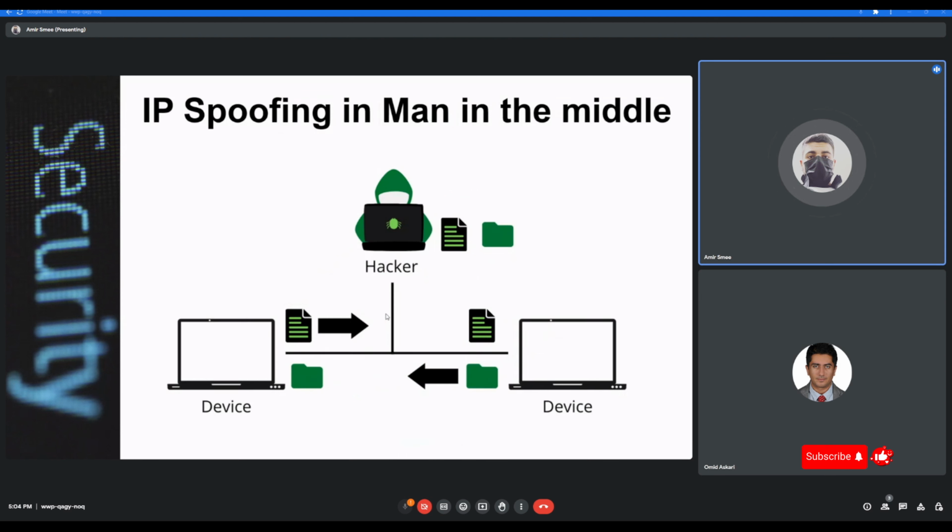IP spoofing for man-in-the-middle attack, or MITM attack. Here, an attacker could use IP spoofing as a method to create a man-in-the-middle attack. For example, the attacker could use IP spoofing to trick a user's computer into thinking it's communicating with a trusted entity like a bank and route the user's connection through the attacker's machine.